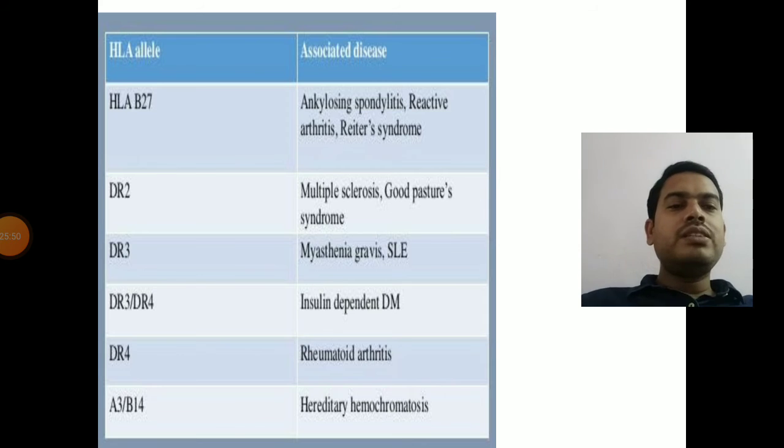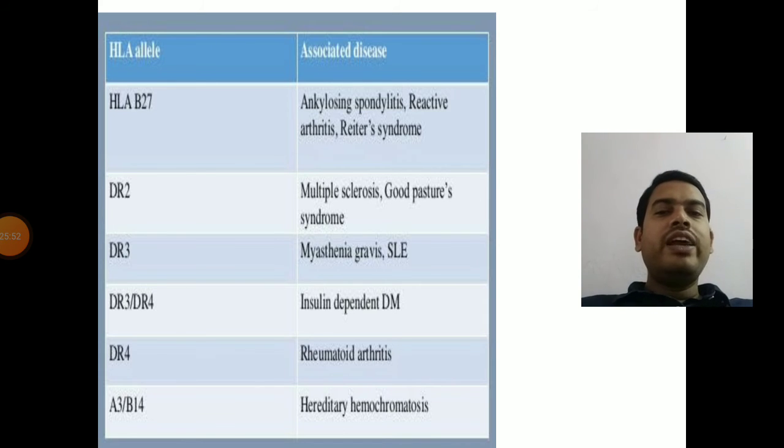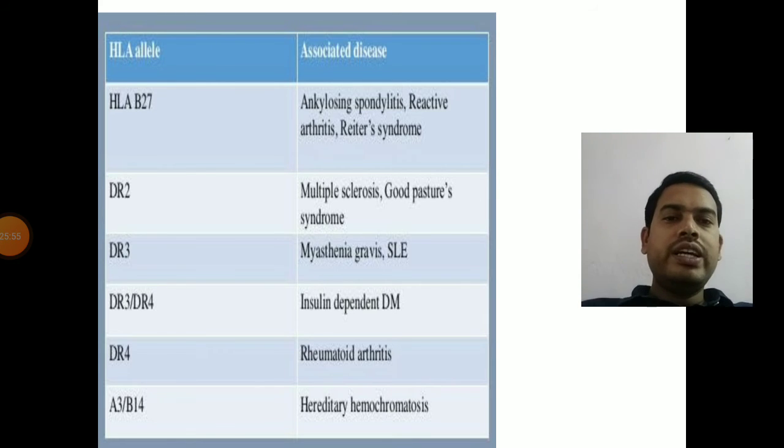So the HLA complex is present in the form of alleles which are shown here. If a particular person is going for transplantation, HLA typing is done to match the MHC molecules which are present on the surface of the donor as well as recipient cell membranes.